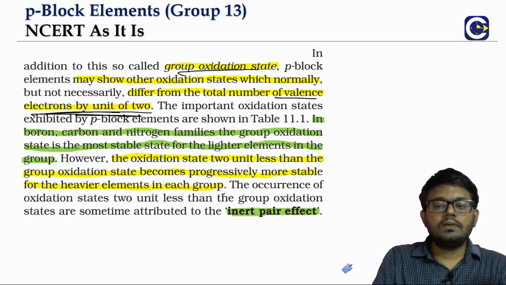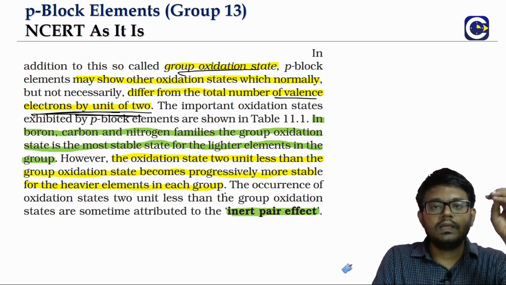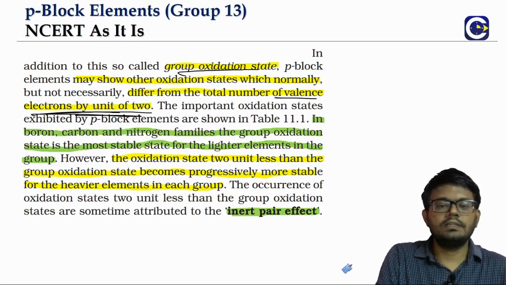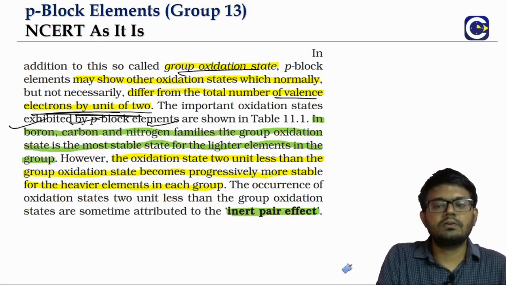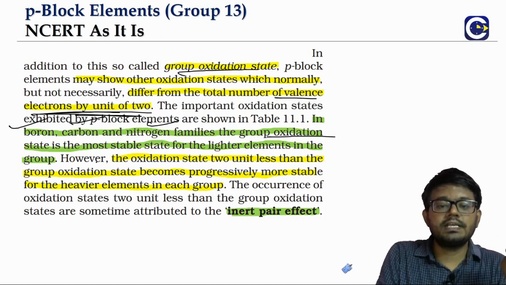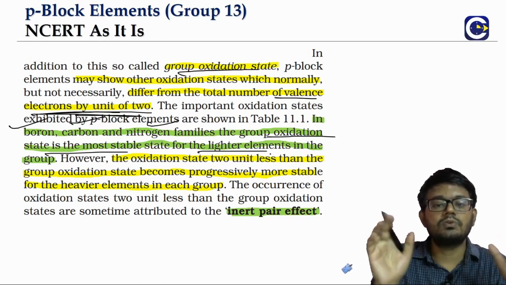What we will observe is the first few elements. Looking at the respective groups, in the 13th group boron is the first element, in the 14th carbon, in the 15th nitrogen. For these elements, the group oxidation states will be the most stable ones.